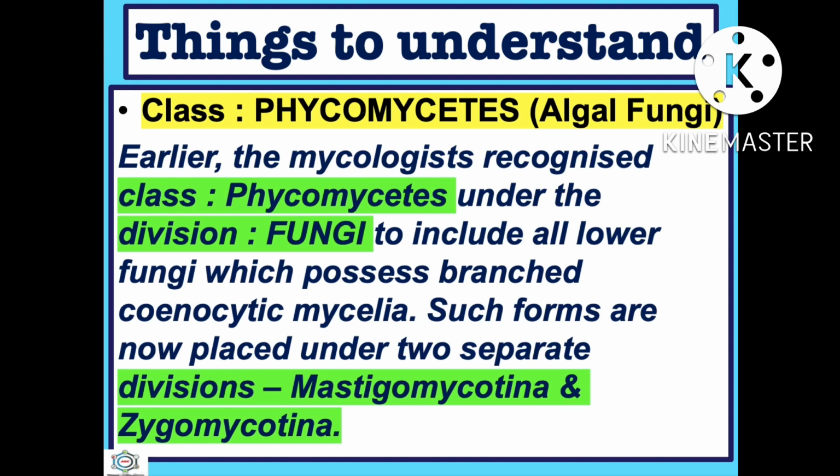Such forms are now placed under 2 separate divisions, Mastigomycotina and Zygomycotina. So now in this video we will see Mastigomycotina in the separate class Oomycetes and Zygomycotina in separate class Zygomycetes. Before this, both Mastigomycotina and Zygomycotina were in the same class, which is known as Phycomycetes.